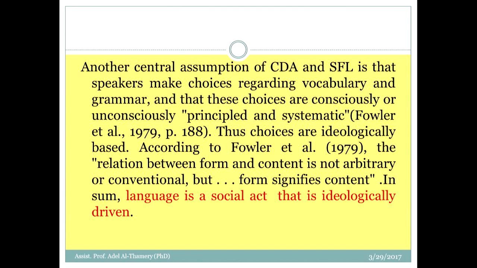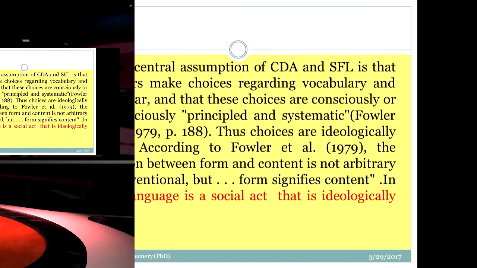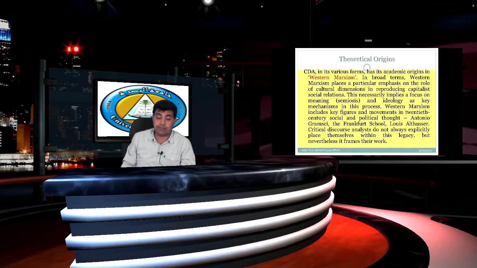So these choices of the language users are ideologically based, and ideology plays an important role in the manifestation of these choices. According to Fowler, the relation between form and content is not arbitrary or conventional, but form signifies content. If we want to summarize this, we can say that language is a social act that is ideologically driven.